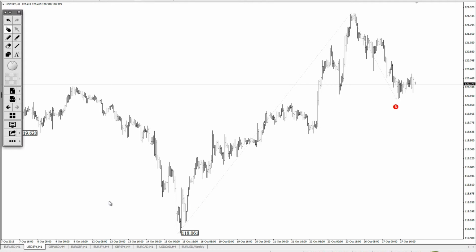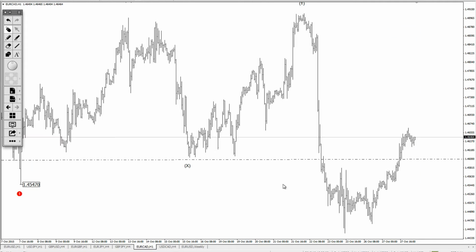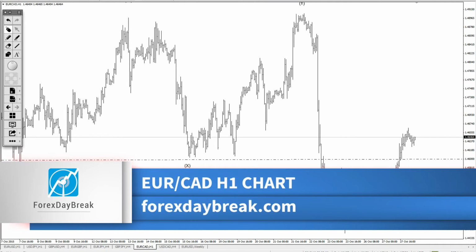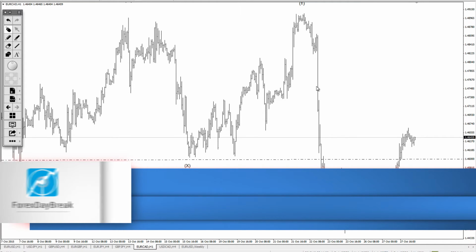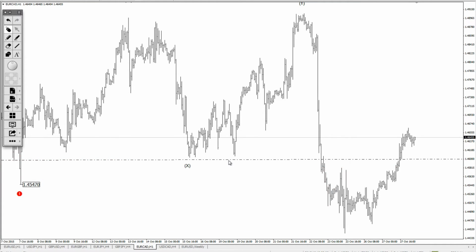Let's look at a couple of other pairs. Euro Canadian dollar. Yesterday we put a limit order here, but this has gone higher and higher, this 1 hour chart. So we can see this resistance line has not held anything. This line was a strong support line before.